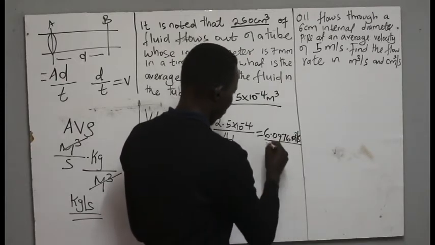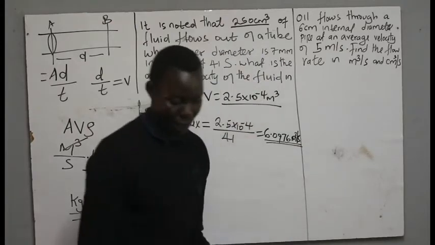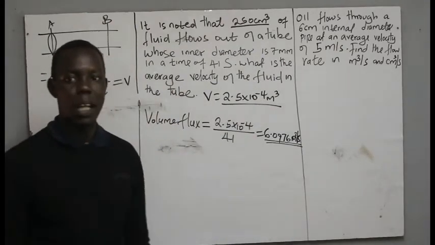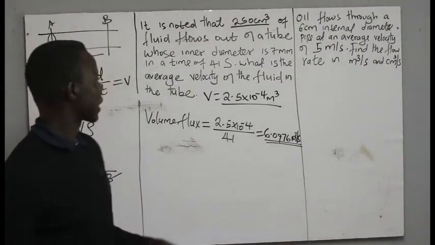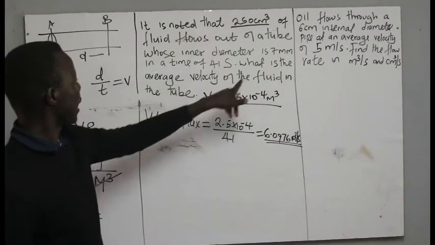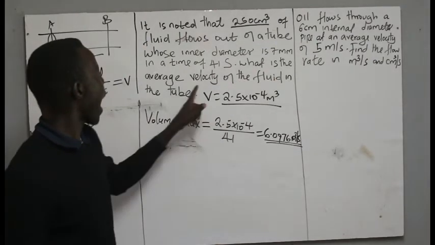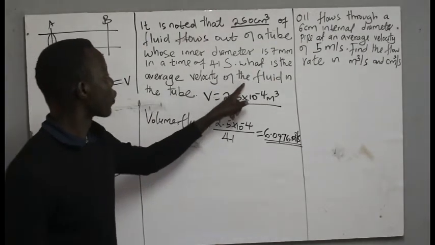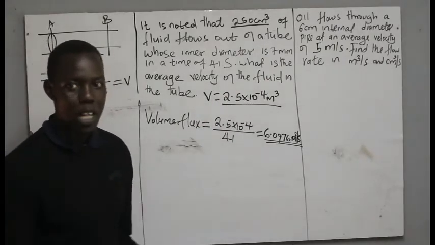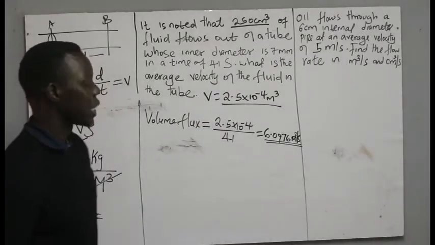That is the volume flux. But the question is not asking about the volume flux. The question is asking us what is the average velocity of the fluid in the tube.